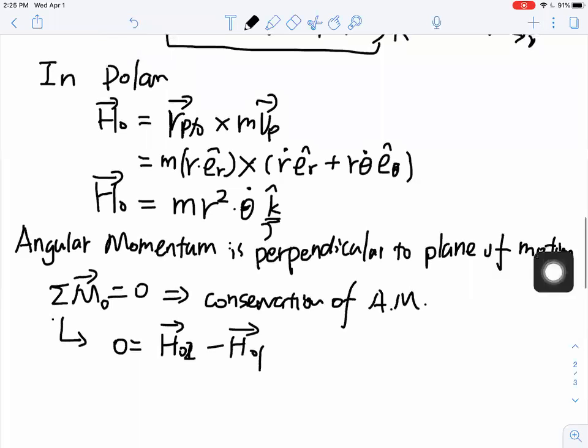Since we did this in polar coordinate systems, we can write HO in terms of polar coordinates.